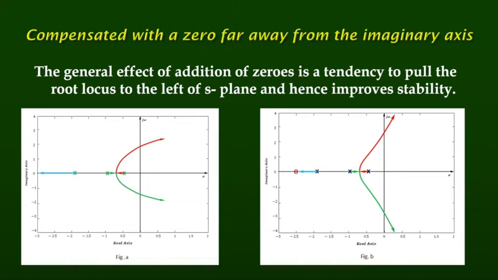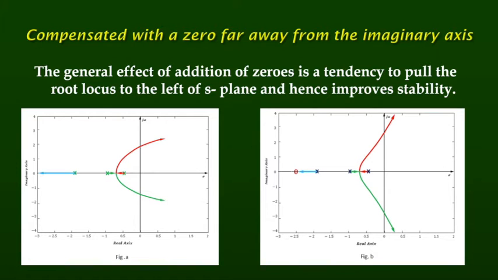The selection of the zero plays an important role in the compensation. If a zero is added far away from the origin, then there is a slight change in the root locus.